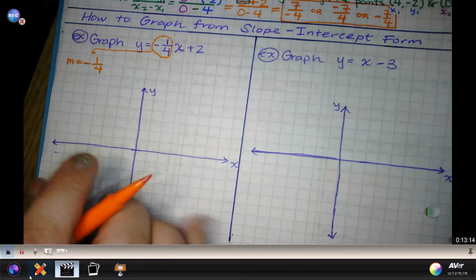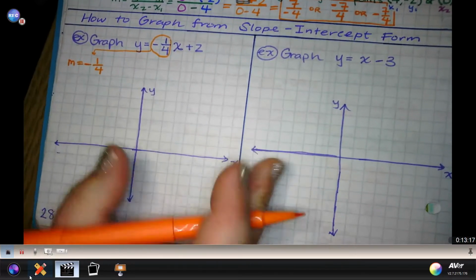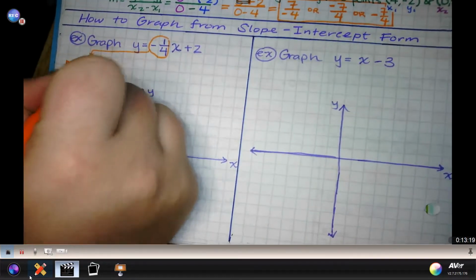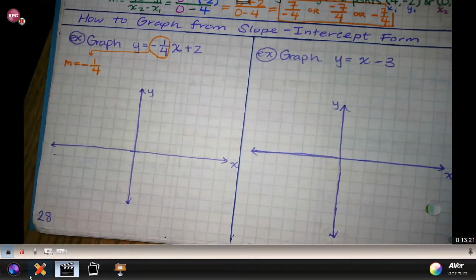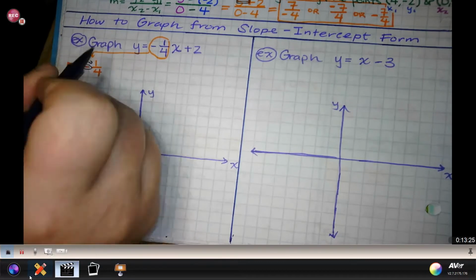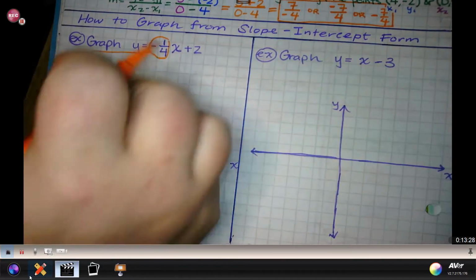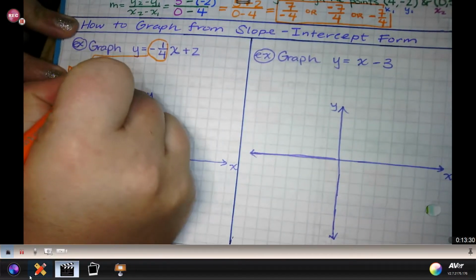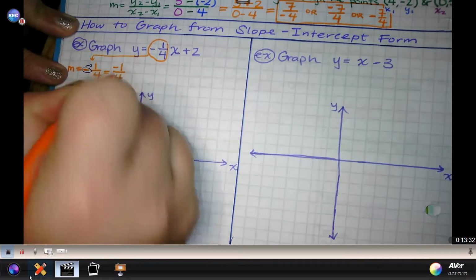Now, remember how when you have a negative, you can put it anywhere you want? Well, I'm going to move it so that the negative goes up top because, again, that's my preference, is either out front or up top, and you'll see why I want to put it in one location in a second. So this becomes negative 1/4.